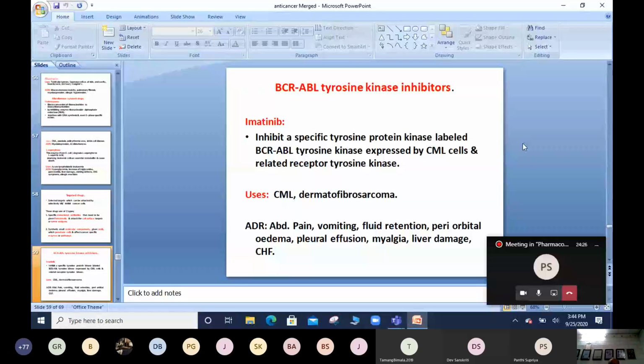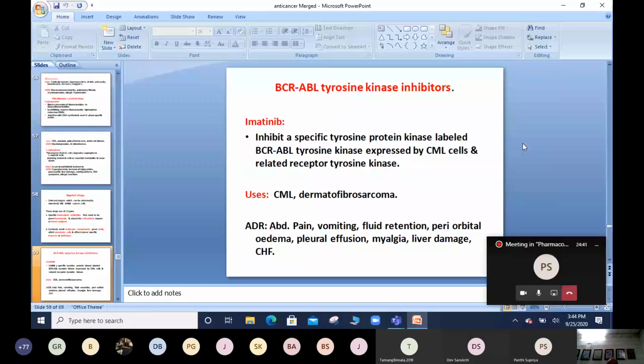It is expressed by chronic myeloid leukemic cells, and these are the receptors for tyrosine protein kinase enzymes.